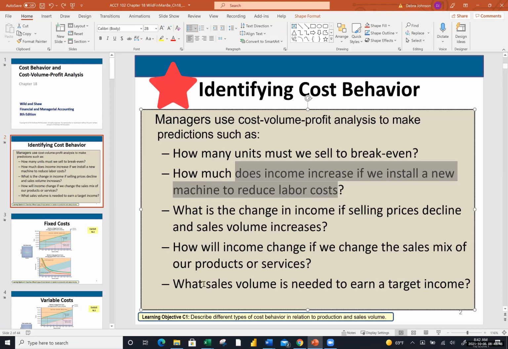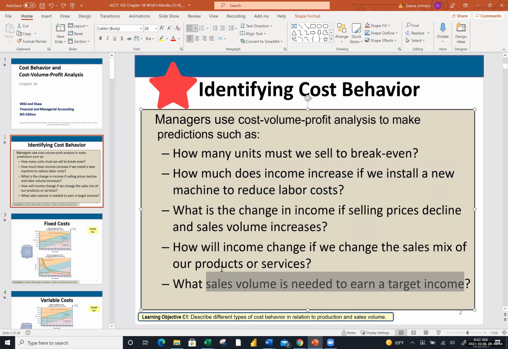Along the break-even lines, we're going to tweak it a little bit. If we're not happy with breaking even, what type of volume do we need to make our shareholders happy? If our shareholders are expecting us to make $1 million on the bottom line, what kind of volume is it going to take to get there? All these questions can be answered with the cost, volume, profit chapter.